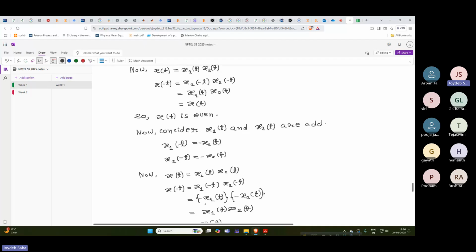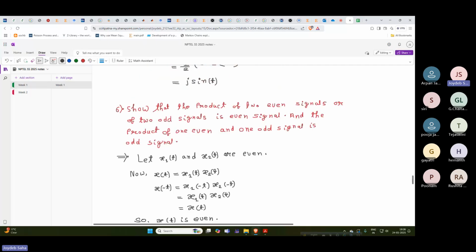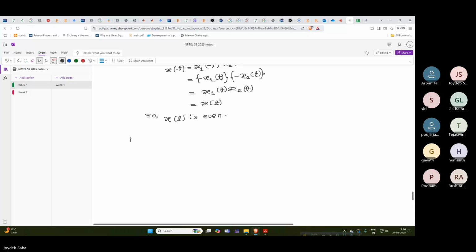Now the next part is the product of one even and one odd signal is an odd signal. Let x1(t) be even and x2(t) be odd.